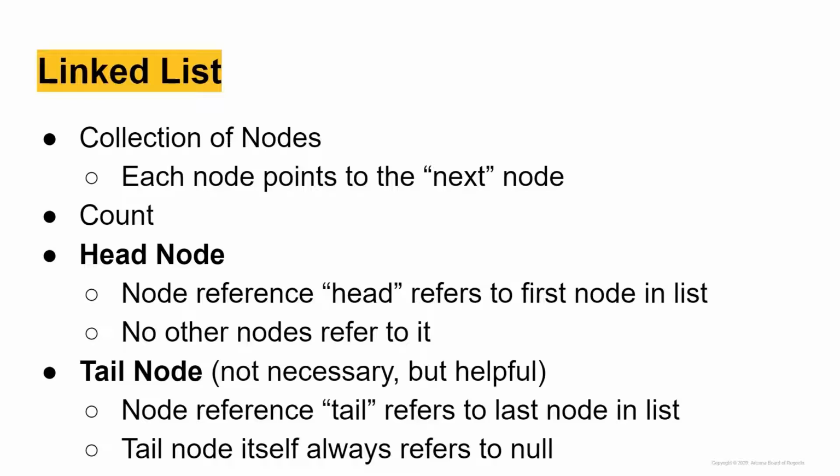So head refers to the first node in the list. And this is because if you have the first node in the list, it's referring to the second node in the list, and the second one's referring to the third, and so on. But there's nothing to actually refer to that first node.